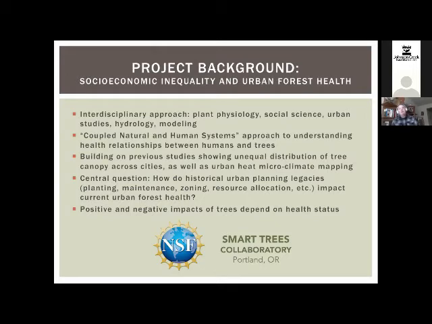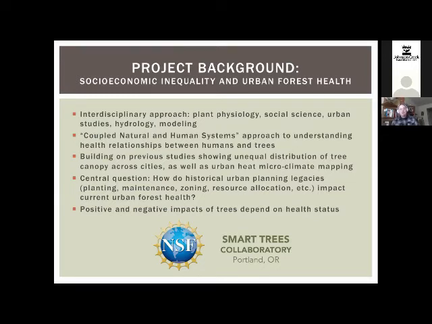So to situate this study a little bit, what we're trying to do is build on previous work that has established some key relationships in urban forests. Specifically, there's been a lot of literature in the last couple of decades looking at the distribution of tree canopies across cities, which has shown an unequal distribution that correlates with socioeconomic status of neighborhoods.